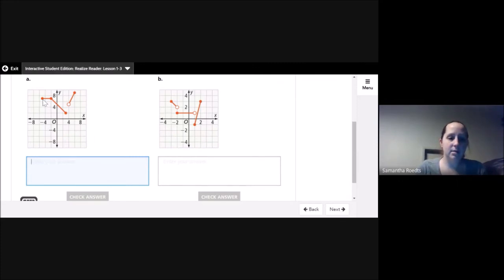At my first section, I have from -5, closed, to -2. Okay, there's no slope, and it's at 7.